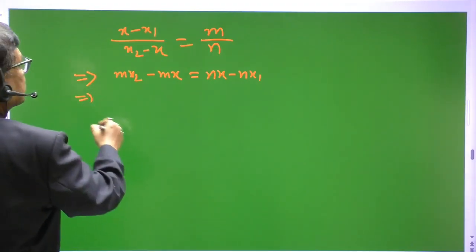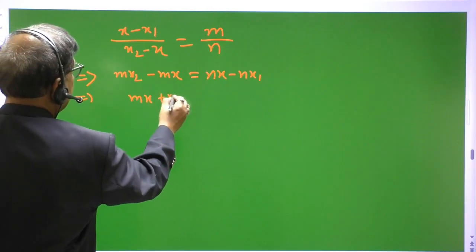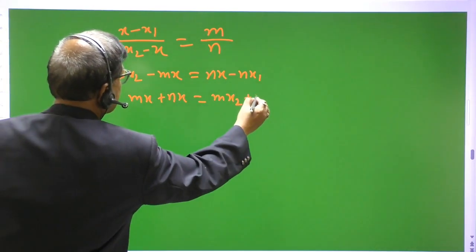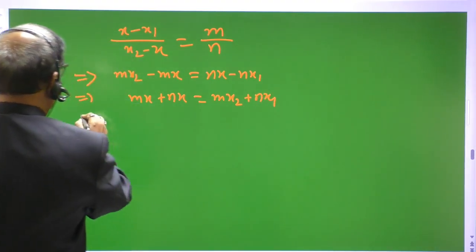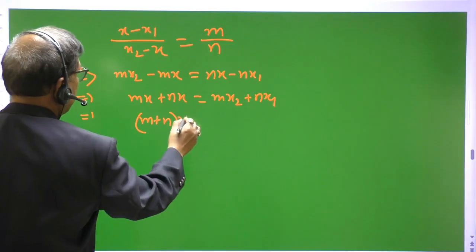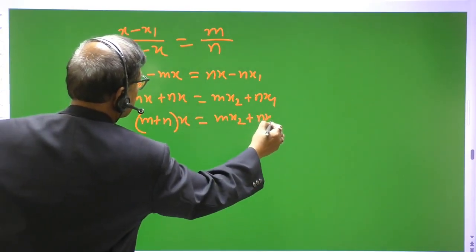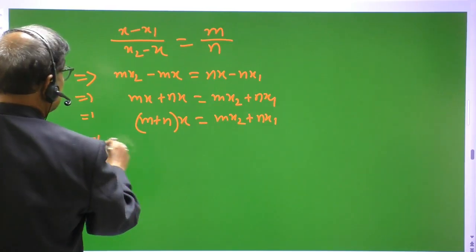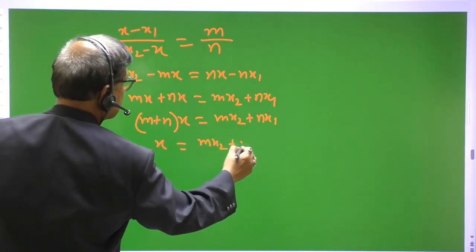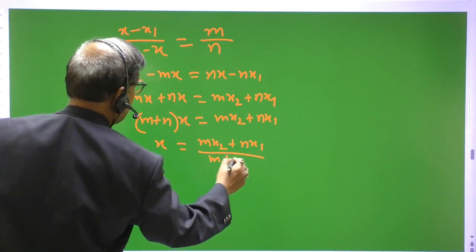This implies m x plus n x equals m x2 plus n x1, and this implies (m plus n) into x equals m x2 plus n x1, and this implies x equals (m x2 plus n x1) upon (m plus n).